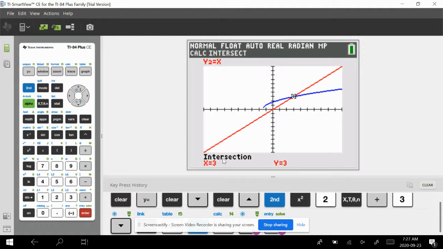Thing to remember: when we're solving anything graphically, the solution is the x value of the intersection point. The y equals 3 part is not going to be part of your solution. So the solution is going to be x equals 3.